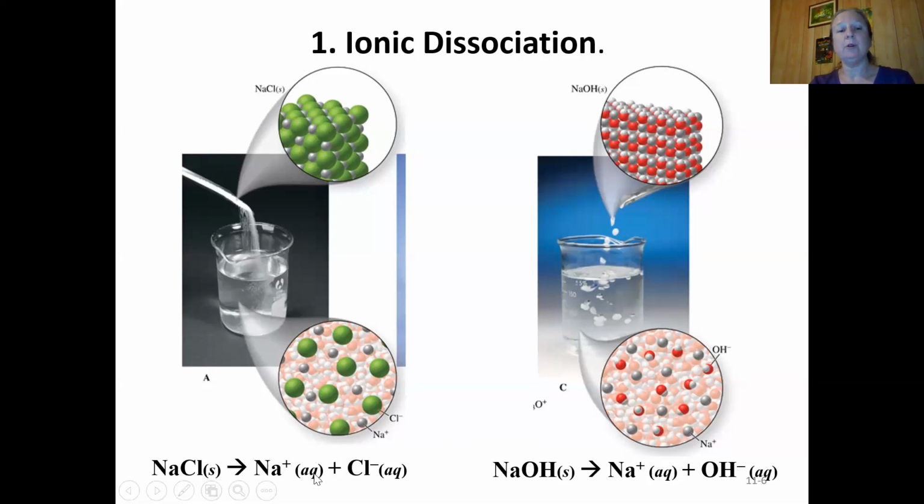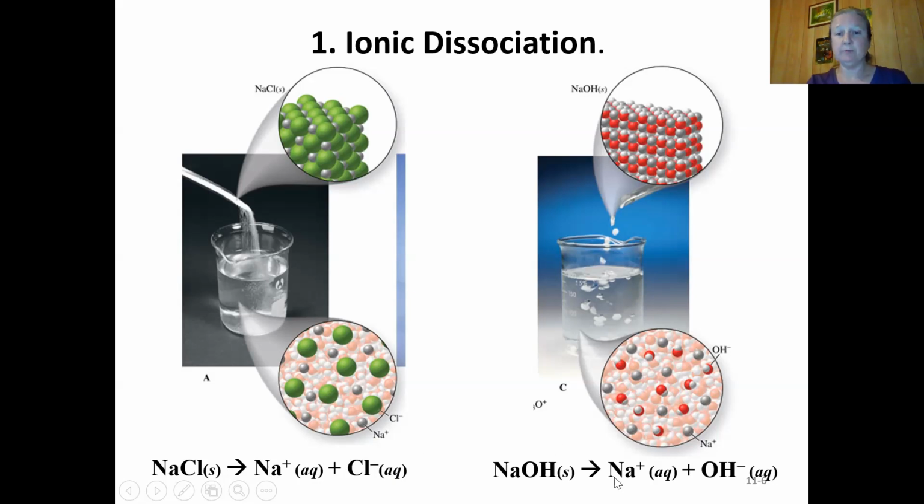The water is shown with the aq here. That is how we say dissolved in water. So this says, I took some sodium chloride salt, and I dissolved it in water, and it dissociated totally into sodium ions and chloride ions. And this is going to be a great electrolyte. It's going to carry a current really well.